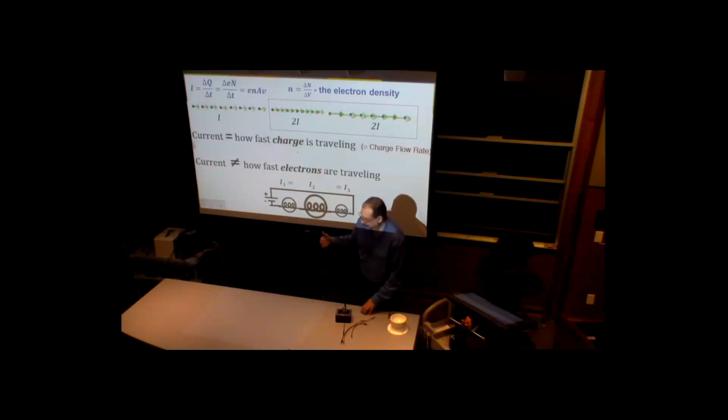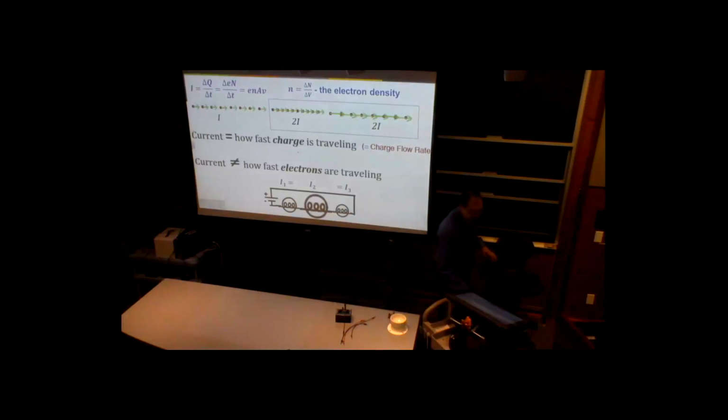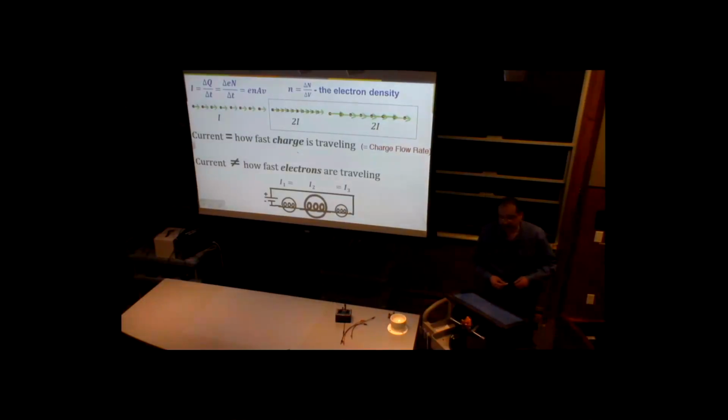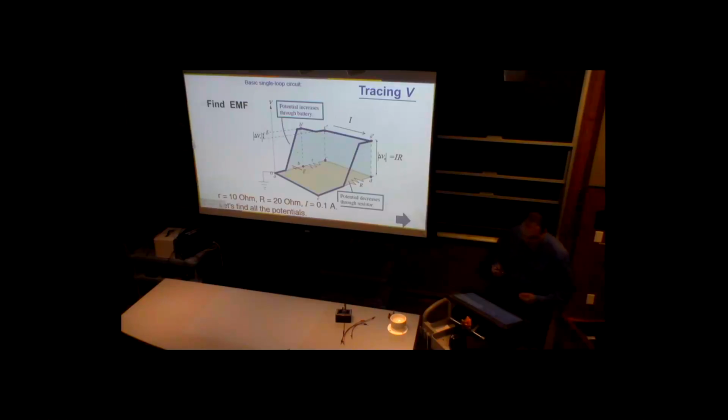They might travel faster, but in that case, the density is lower. So they balance it all the time because electrons are very smart. And when they travel through all devices connected in series, not the number of electrons, but the number of electrons per second, which is electric current, remains constant.